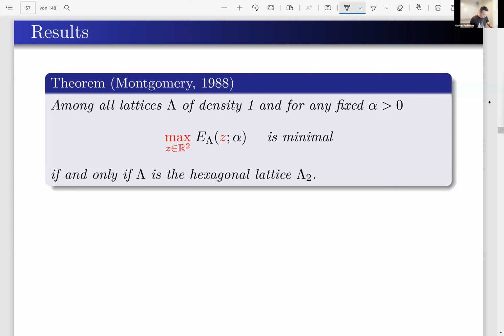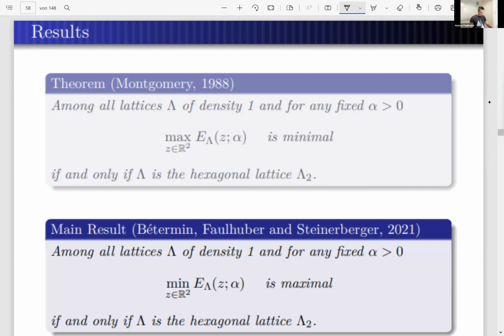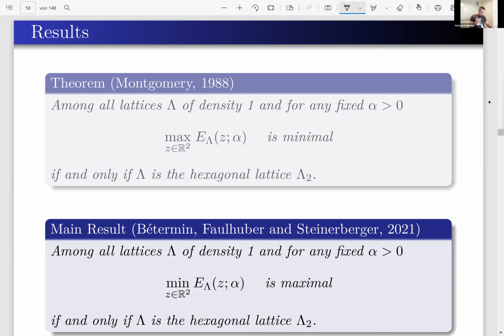And actually, that was only a minor adaptation I had to make for this article, showing that B lambda is minimized by the hexagonal lattice. This is also true if you seek to minimize the maximum among all shifts. And the result of Laurent, Stefan, and myself is then kind of the dual result to Montgomery's result, only a couple of decades later.